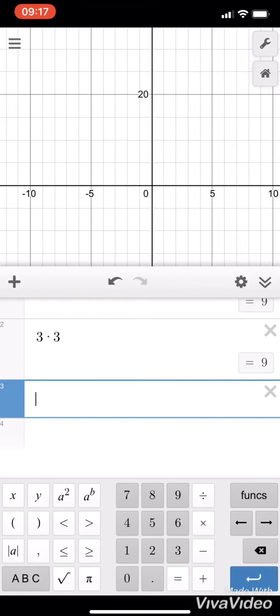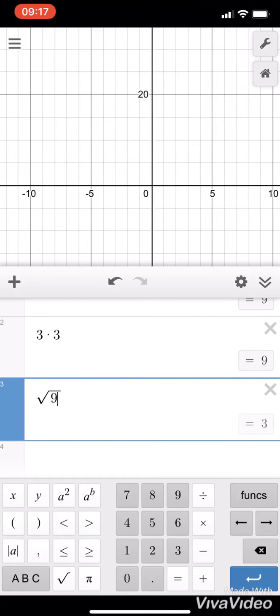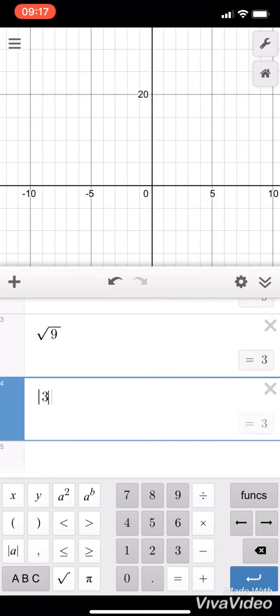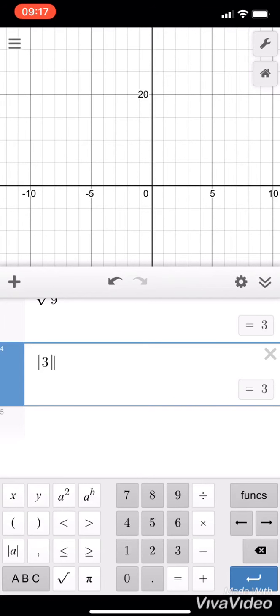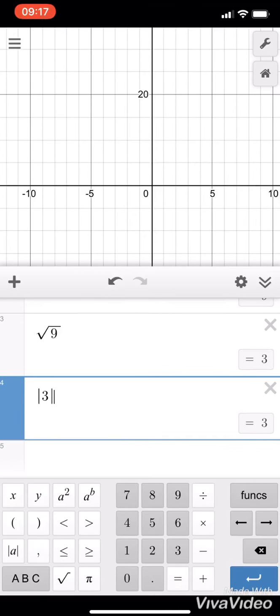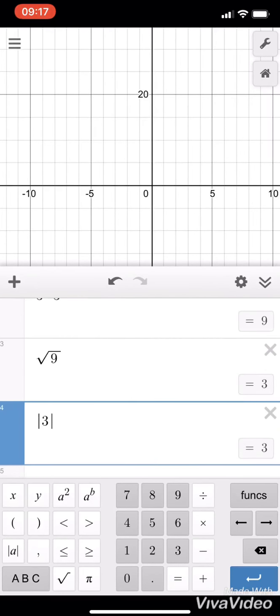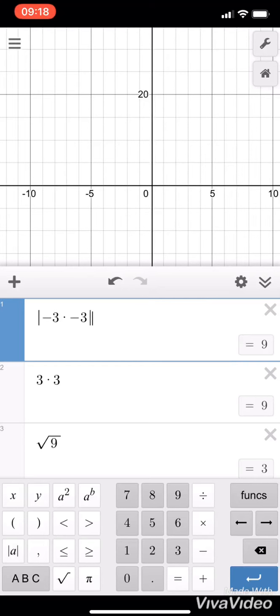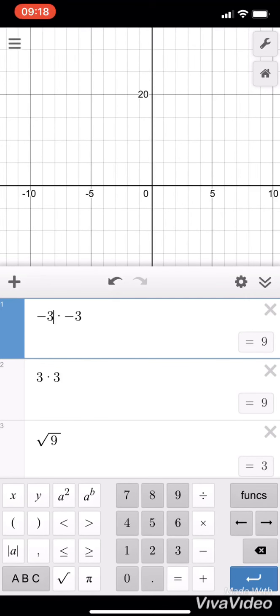The square root of 9 is equal to 3, but not just any 3. It's equal to the absolute value of 3. Yes, it's kind of confusing, but what that means is that the actual numbers have an absolute value sign around them, in which this absolute value sign doesn't disappear unless it's a negative times a positive.